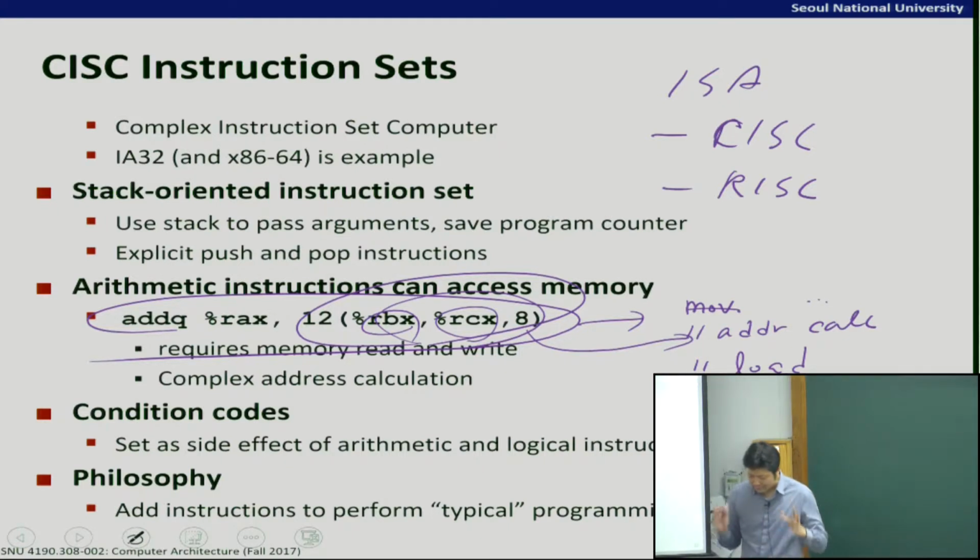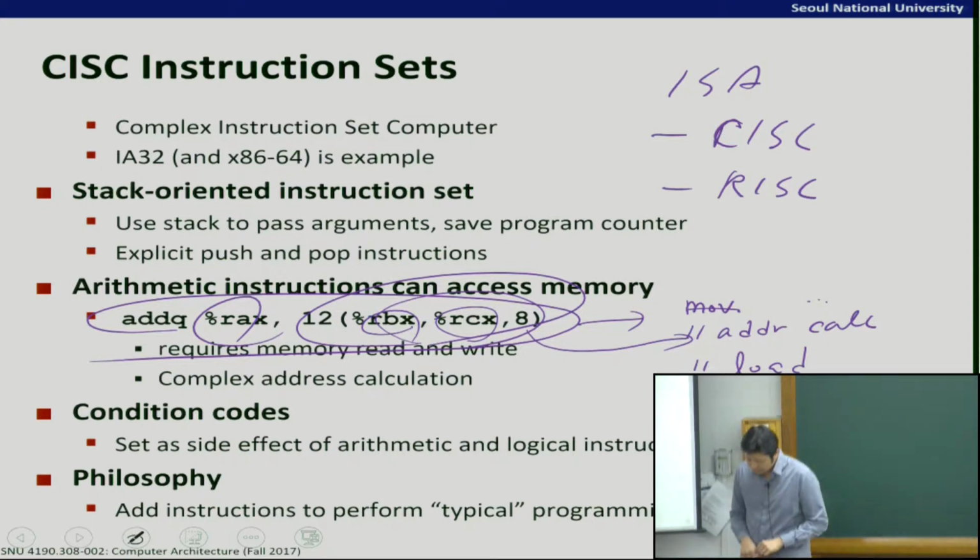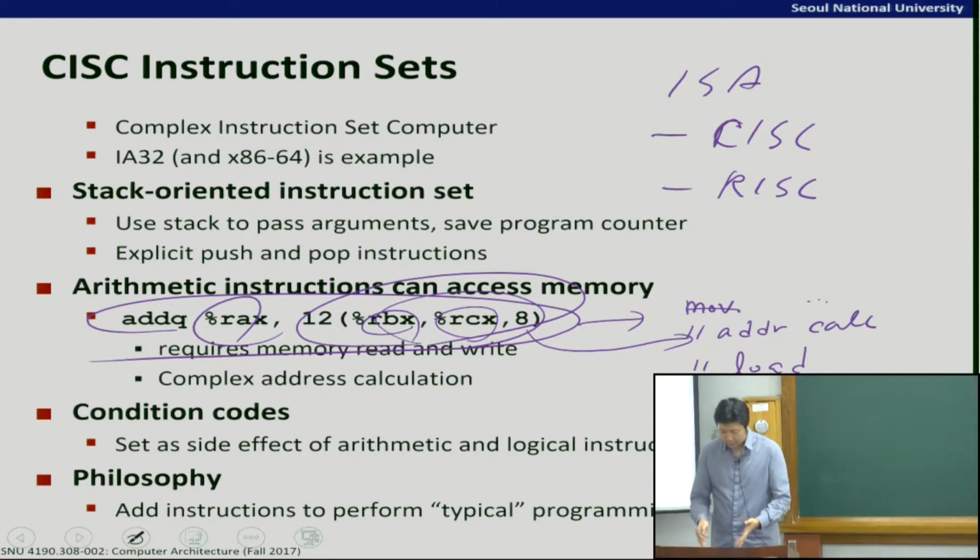And now you access the memory using this address, copy the value into a register, add this value into the register, and then store the result back to the memory. It takes at least 4 or 5 instructions to do the same thing. But in the CISC case, the same thing can be done using only a single instruction.